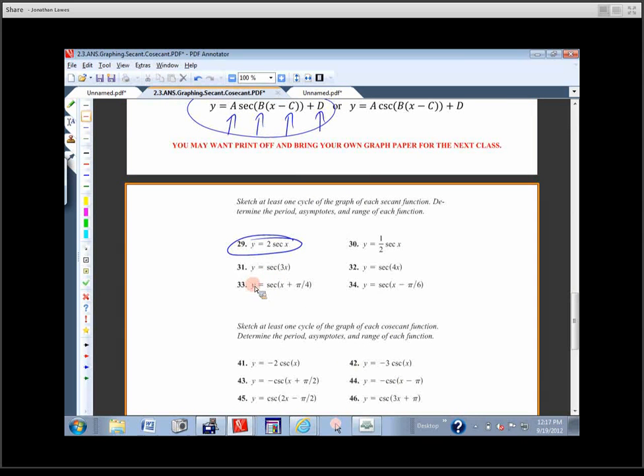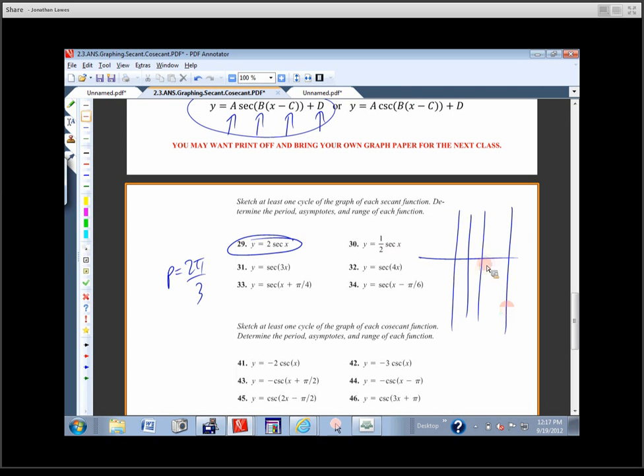Let's see. What would this do to the graph? Change the period. What would the new period be? 2 pi thirds. Now let's think about this for a second. If the period is 2 pi thirds, we're still going to have a shape that has an asymptote here, an asymptote here, and an asymptote here.